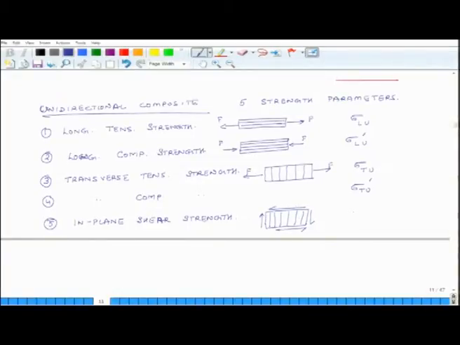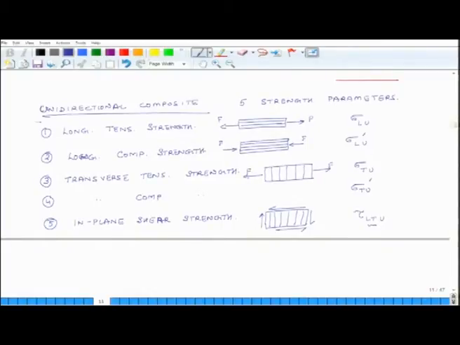So, this is the shear stress. So, it is sigma L T U. U is the ultimate in plane shear strength. So, what does LT mean? LT specifies the plane in which the shear stress is being applied, and U is the ultimate value of that.